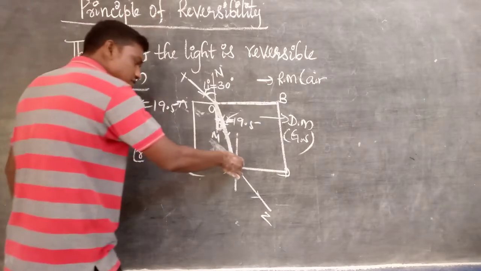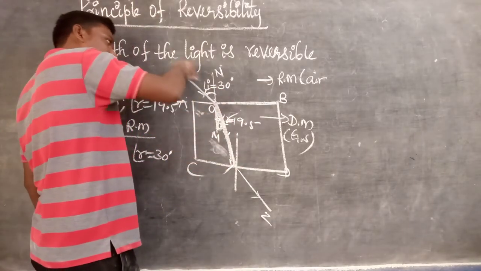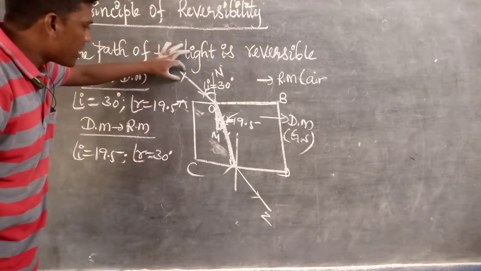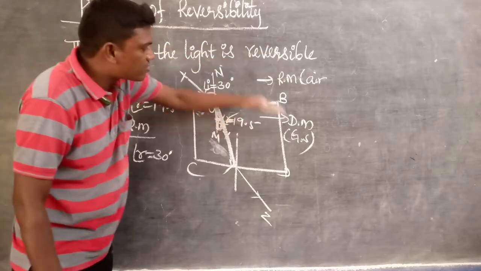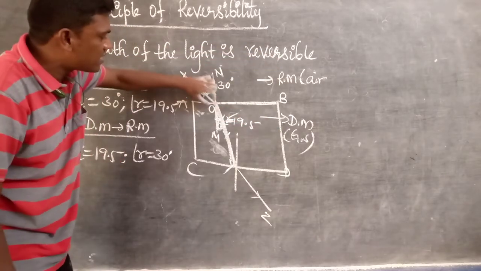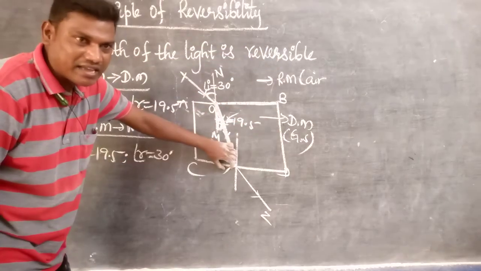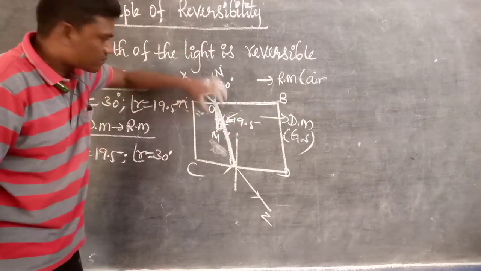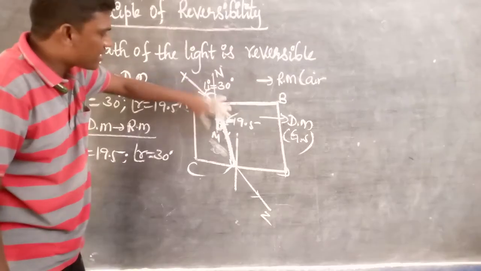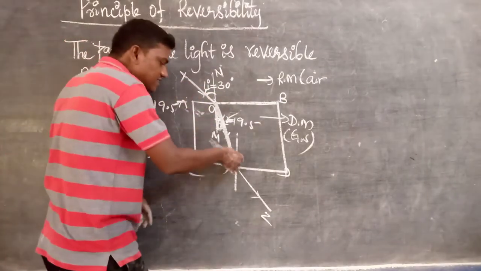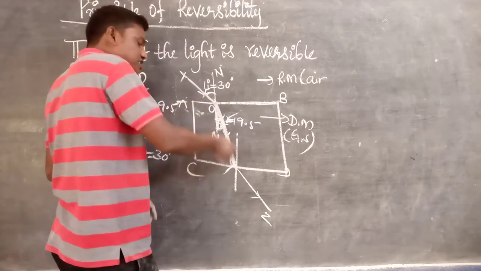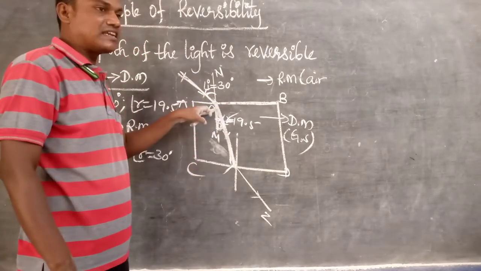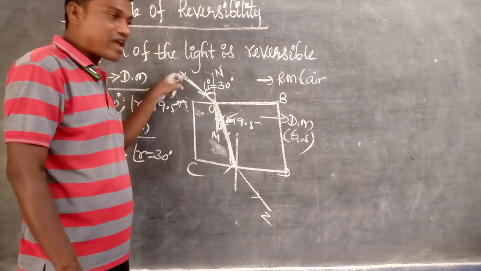If the light follows this path, this is the incident ray, and this is the refracted ray. What you are observing here: initially, when the light travels from rarer to denser, XO is the incident ray and OY is the refracted ray. But when the light travels from denser medium to rarer medium for the same angles, YO is the incident ray and OX is the refracted ray.